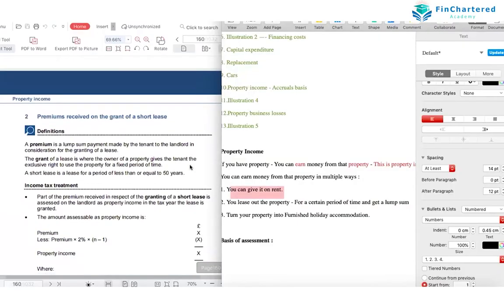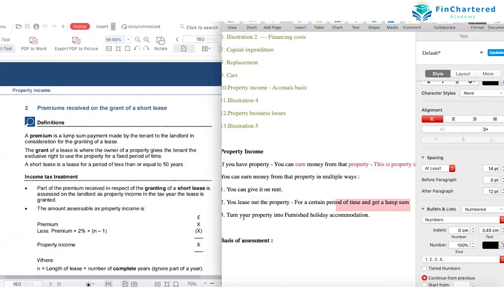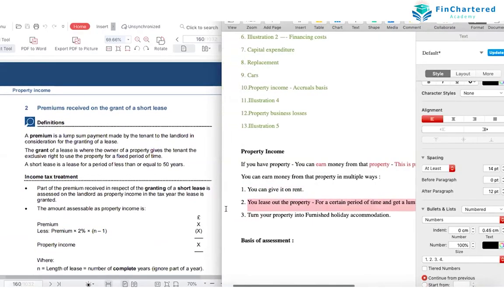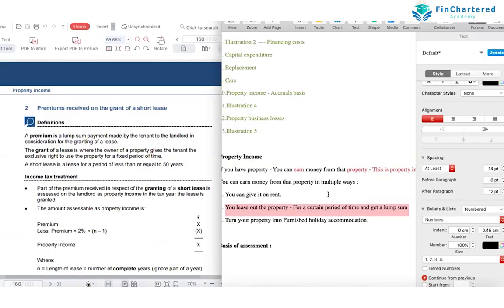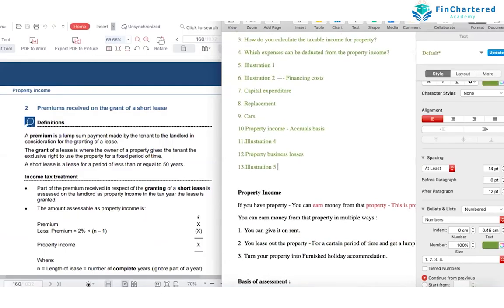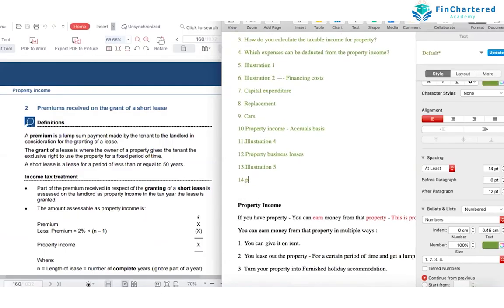Now we're moving to the next heading, which is where you lease out your property for a short period of time and get a lump sum amount. Okay, and that's what we're going to look at in this section. So basically this entire chapter is split into 3 sections. Premiums received on the grant of a short lease.